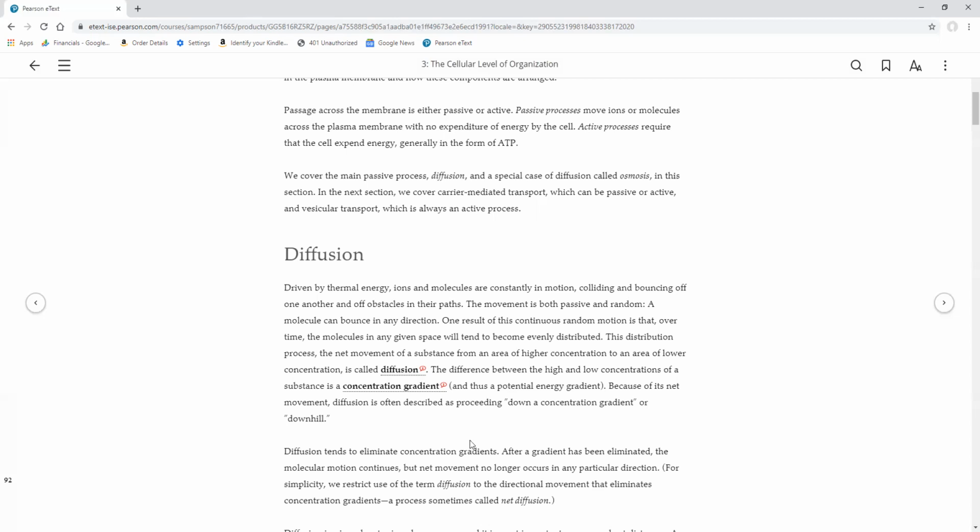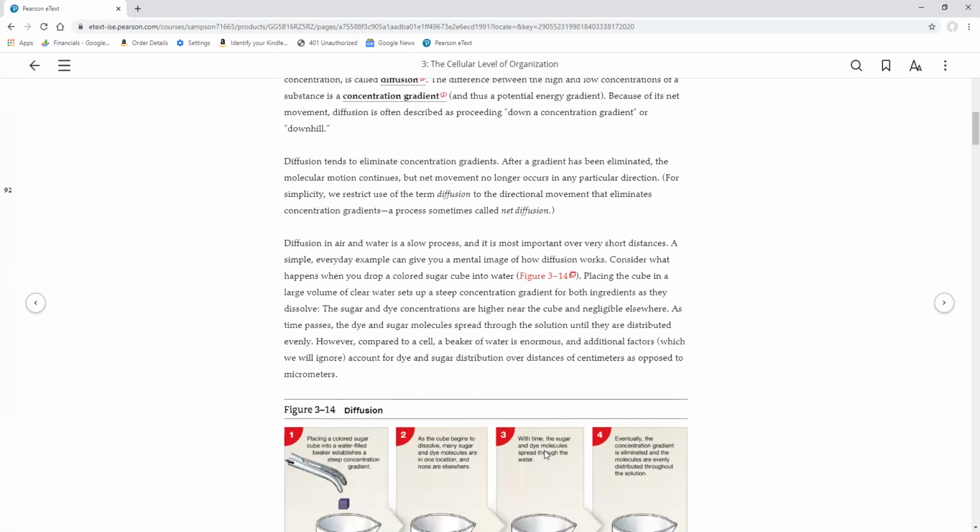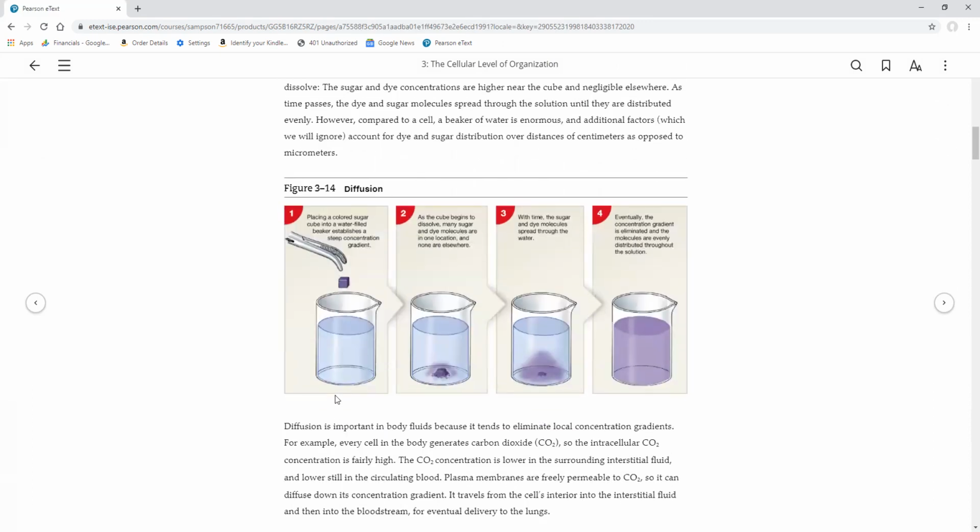So the concentration of the perfume is with grandma, and then a lot of it comes off, and then we smell that. That's down the concentration gradient, or downhill, as it were. Here they're showing you dropping a color-coded sugar cube into water.